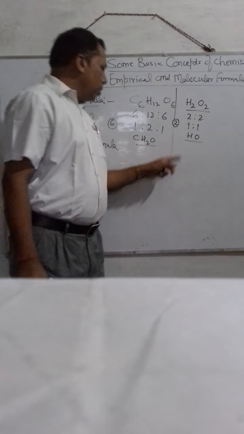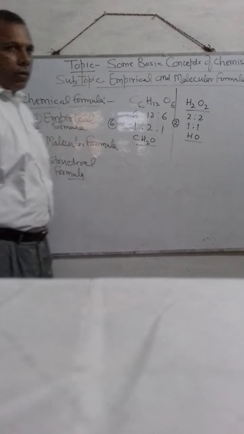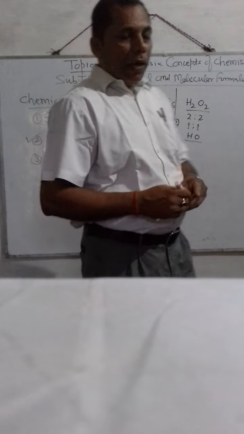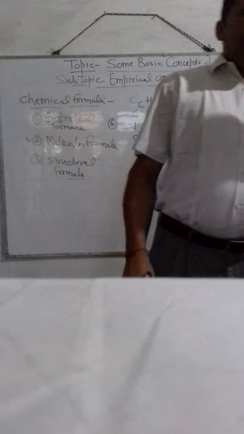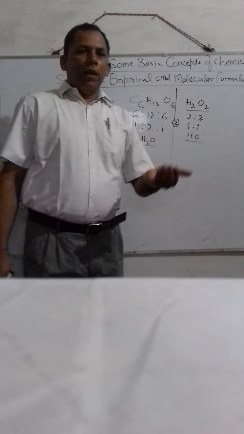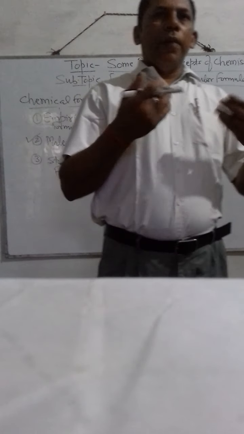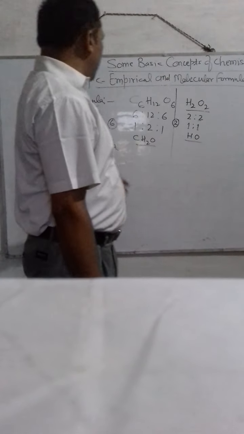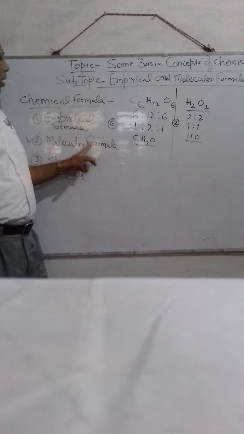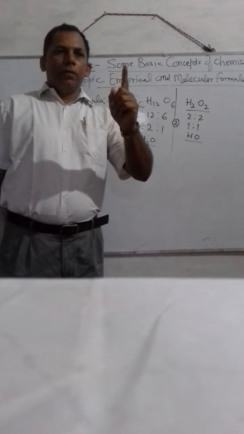Okay. Next point is molecular formula. So what is molecular formula? The molecular formula of a compound is the actual or real ratio of the atoms of various elements present in one molecule of that compound.